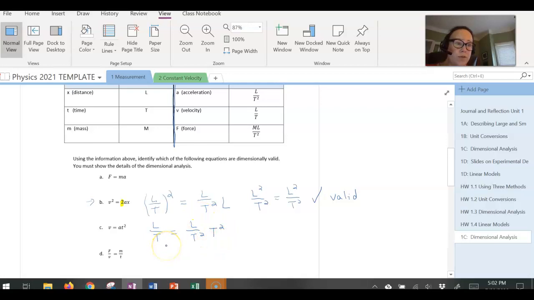Now I start simplifying using the normal rules of algebra. On the right-hand side, there's a t squared in the numerator and a t squared in the denominator, so those can cancel, and I end up with L over t on the left, but I end up with L on the right. So this is not a valid equation. There's no way that can be valid because there's a different dimension on the left than on the right.